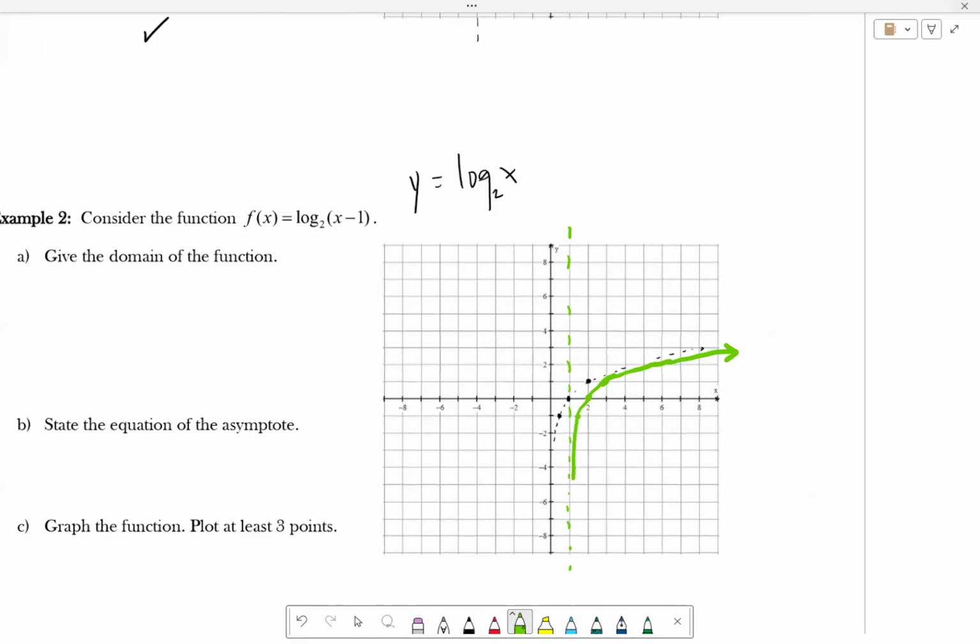Okay, and Ethan, the domain. Good. Equation of asymptote. X is 1, and we already plotted it. Any questions?